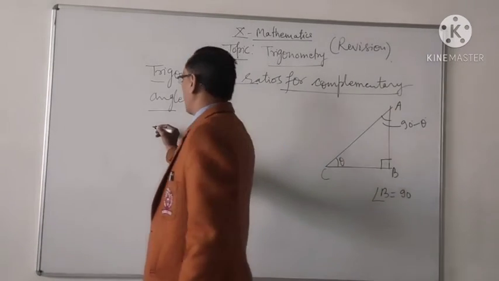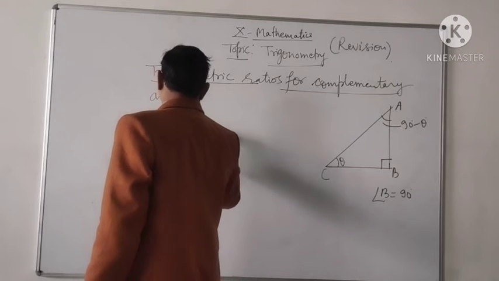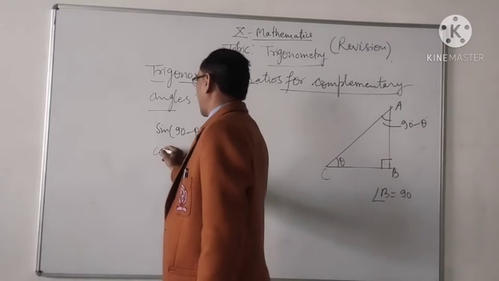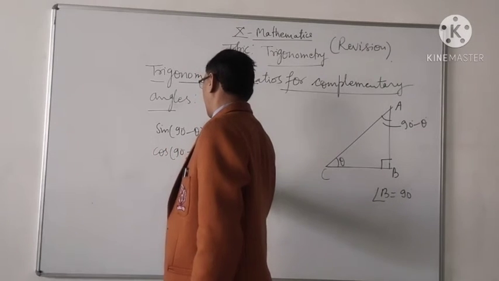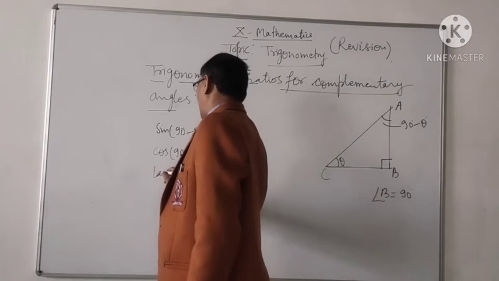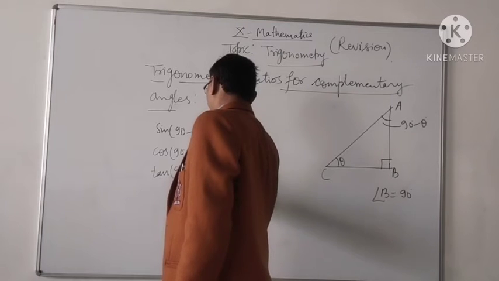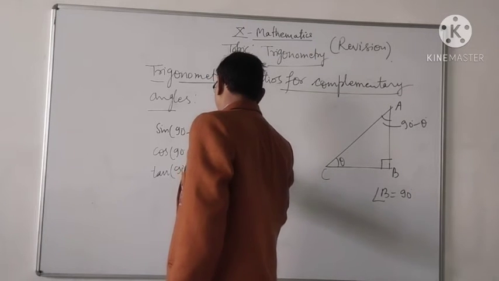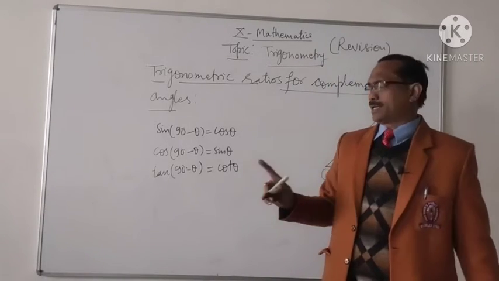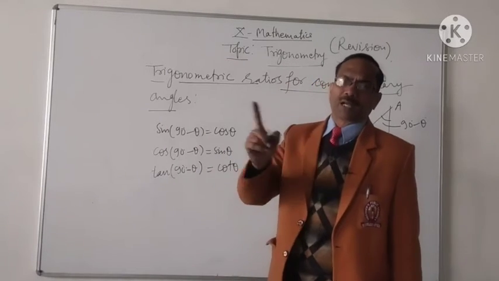Student, there is a formula, sin 90 minus theta equal to cos theta, and cos 90 minus theta equal to sin theta. Tan 90 minus theta equal to cot theta. So the important logic is this: tan theta and cot theta, they are reciprocal of each other, and also they are complementary of each other.